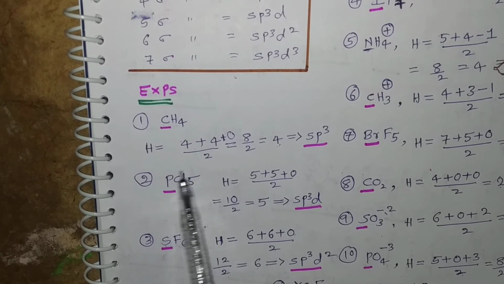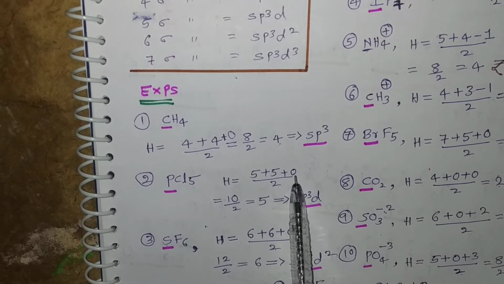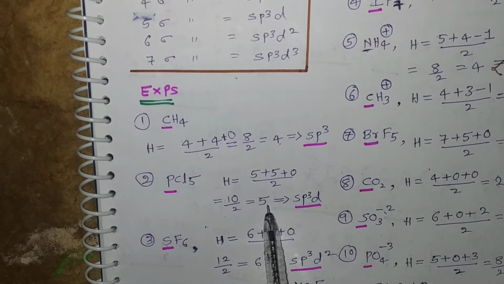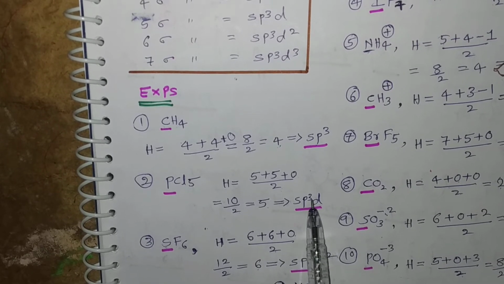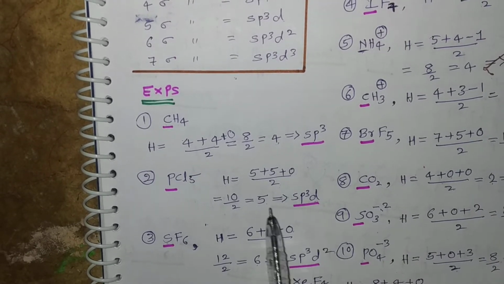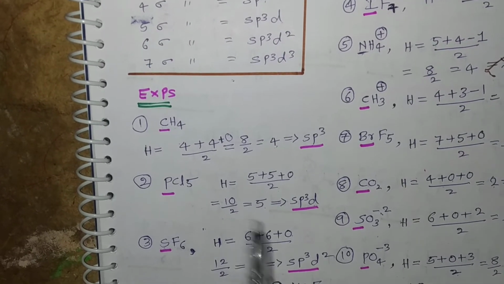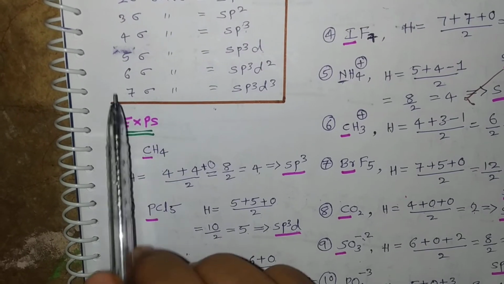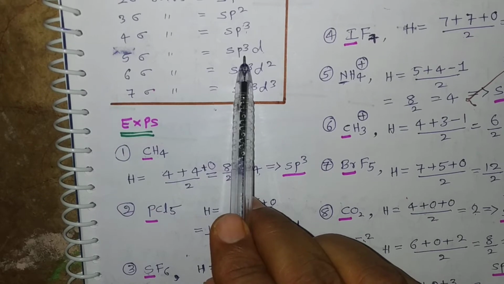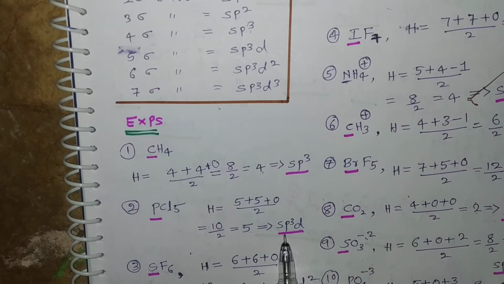And no charge on the molecule, so charge value 0 by 2. 10 by 2, so total value 5. 5 means sp3d hybridization, because 5 sigma bonds. So that is the example.